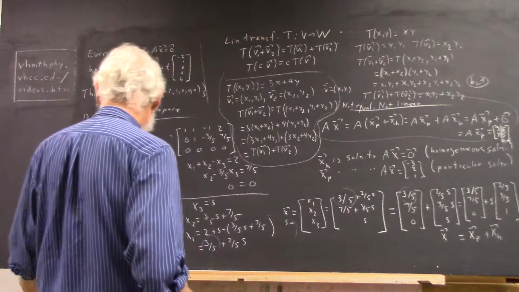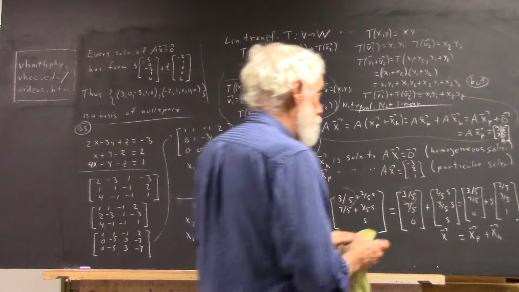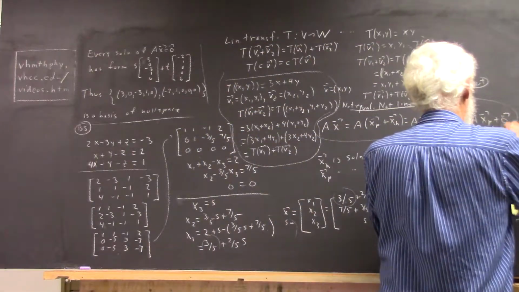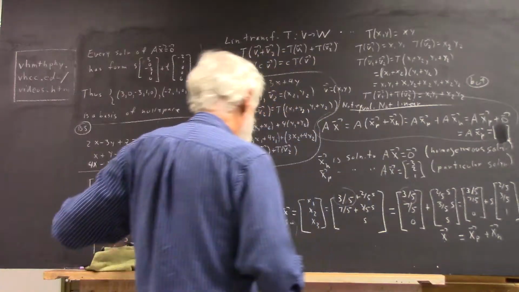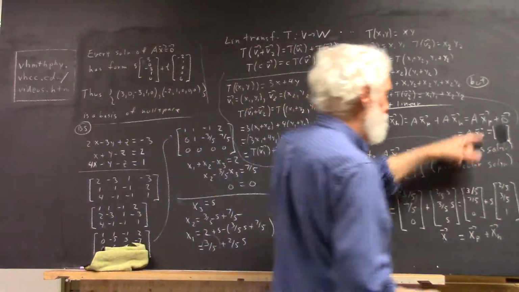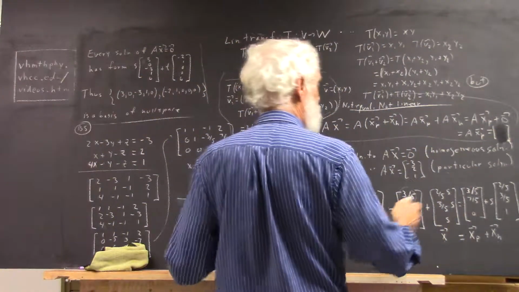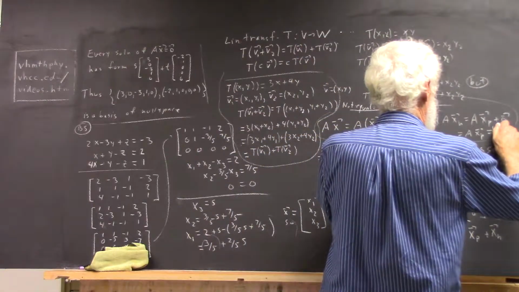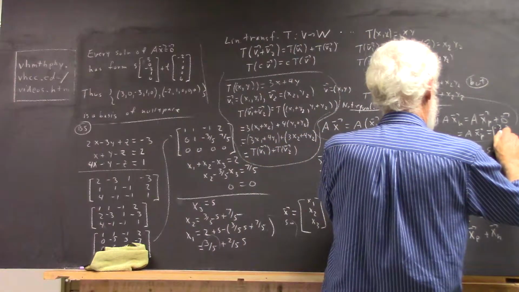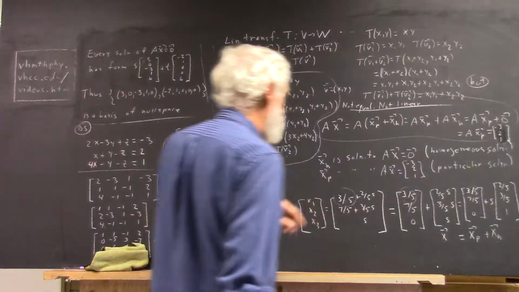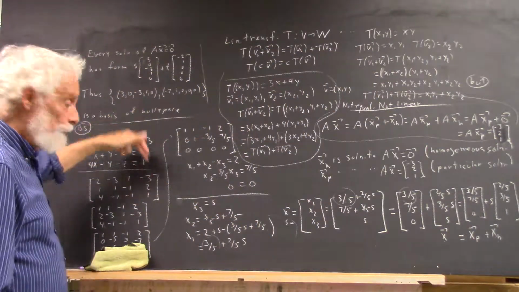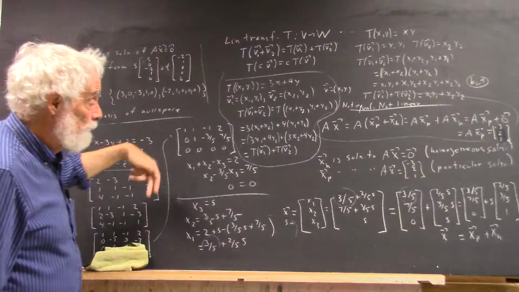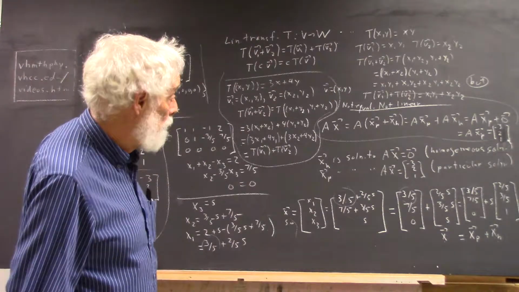And I did something really stupid in the original video. I said that should be your 3/5, 7/5, 0, and I had it right originally. It should be your -3, 2, 1, because of course the A matrix times your solution, it better give you the column vector that constitutes the right-hand side of the equations.